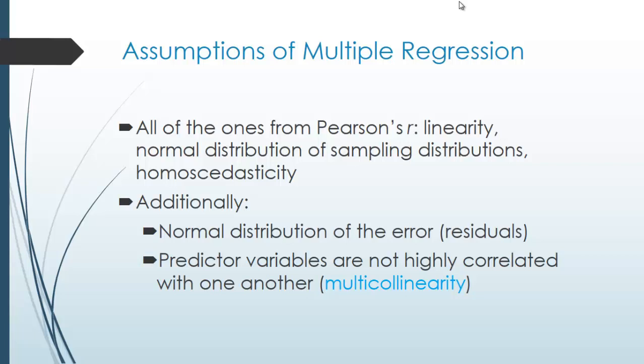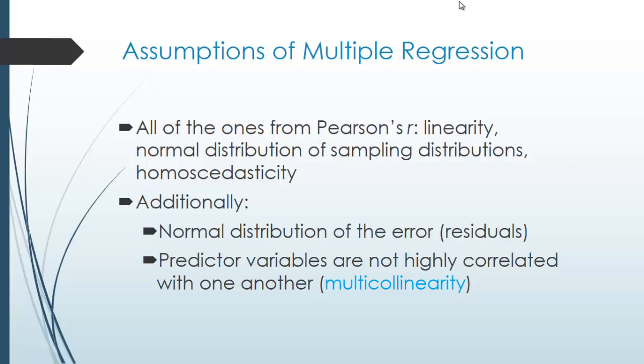You want a normal distribution among the sampling distributions, and so it helps when your predictors are normal, but they don't always have to be, but it helps when they are. So you want to assess for that, and you want homoscedasticity, right? That's when the level of variance of the dependent variable is equal across all levels of the independent variable.